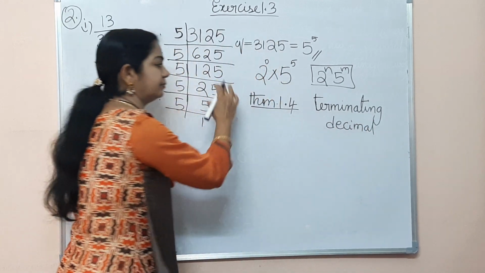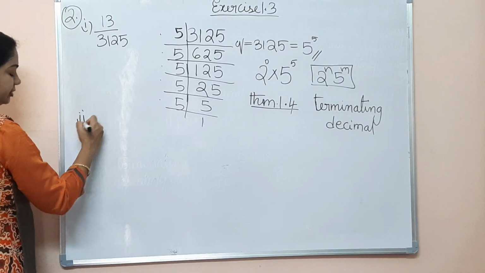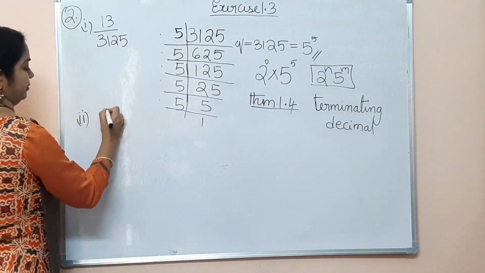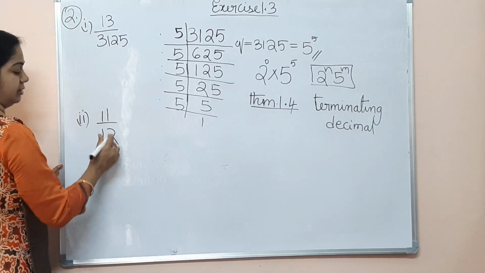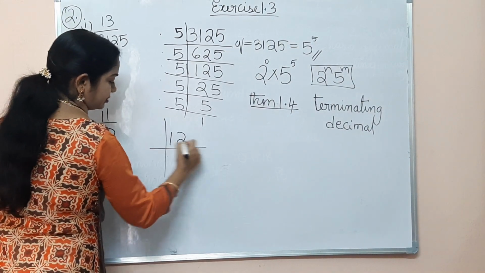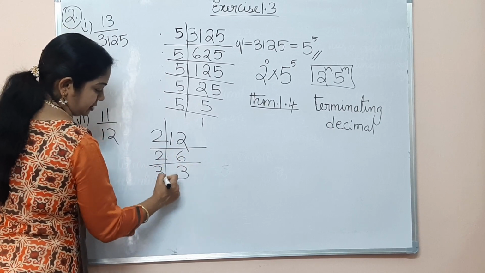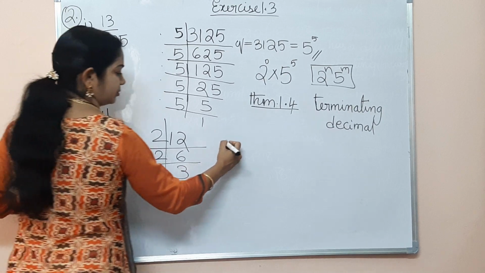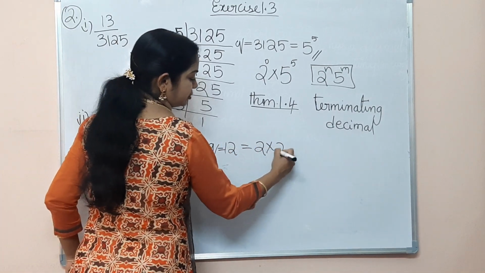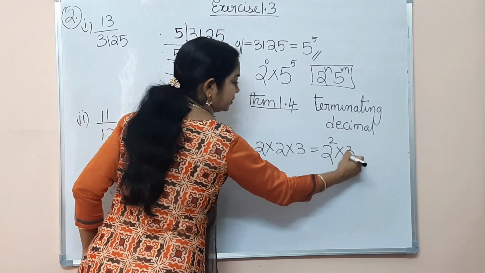Okay, here we didn't do the division. Let's see another problem in the same question, that is 11 by 12. See here, simply take the q part and do the prime factorization. 2 sixes are 12, 2 threes are 6, 3 ones are 3. So the factors of 12 are 2 into 2 into 3. That means 2 raised to the power of 2 into 3 to the power of 1.